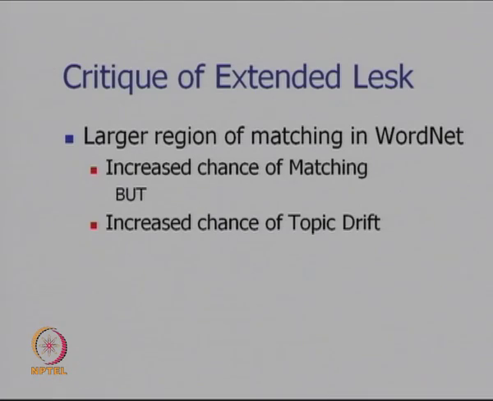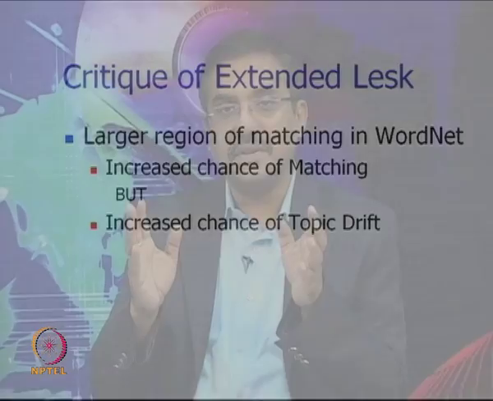So, for example, the word combustion was used as the clue for matching. Now, in this case the word combustion was okay, but suppose the word combustion had another additional sense, and then this overlap or this matching will produce a wrong sense.